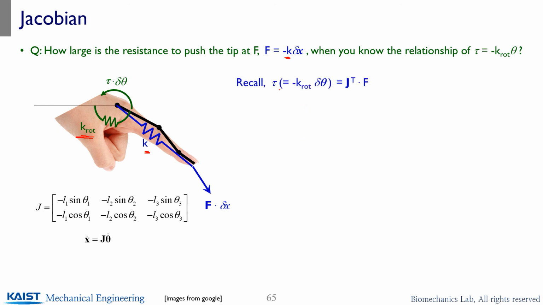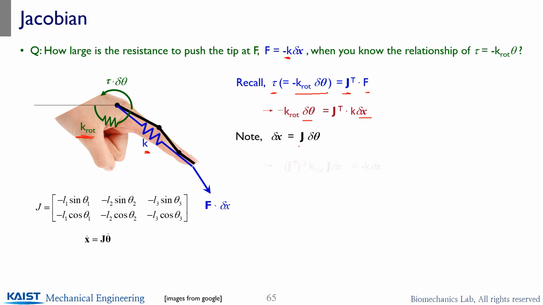So from the previous relationship between torque and force using the Jacobian, I can replace the torque with K delta theta. And I also know the delta theta and delta x relationship using the Jacobian.